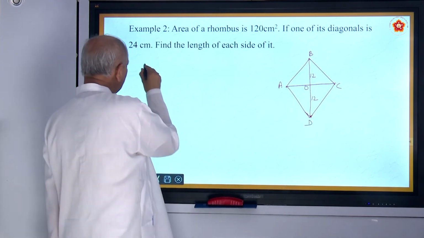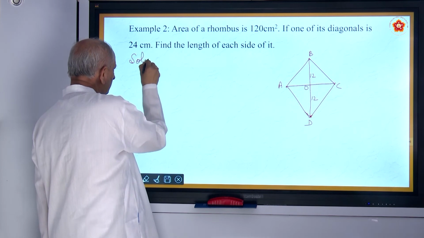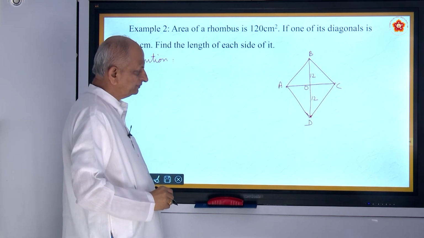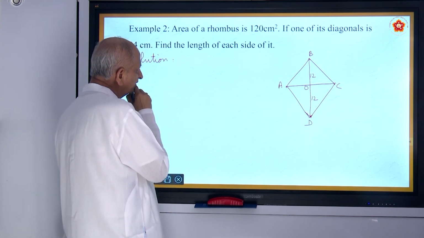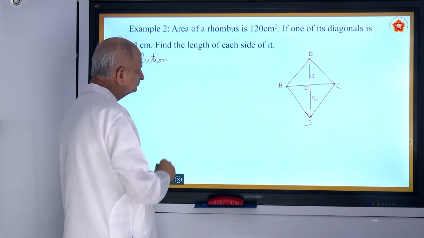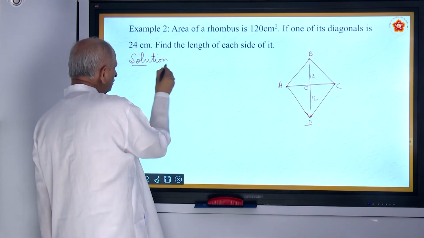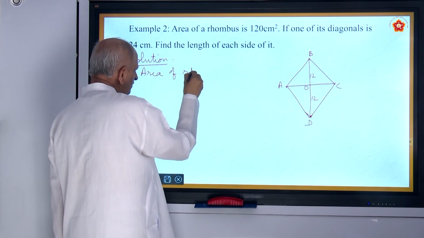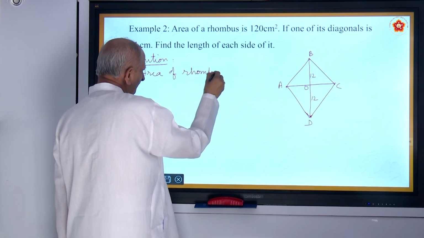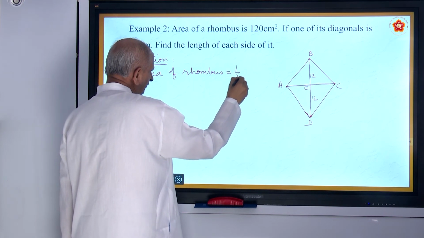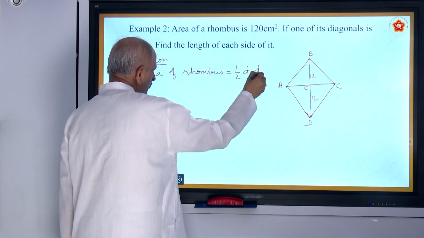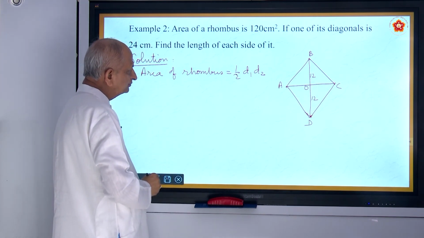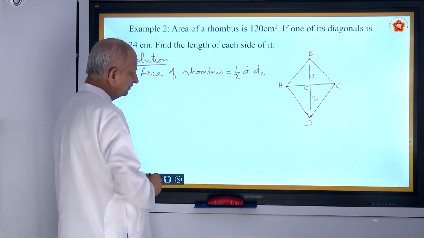So, area of rhombus. So, solution. How to solve it? They are asking the length of each side. So area of rhombus is equal to half of d1 d2.